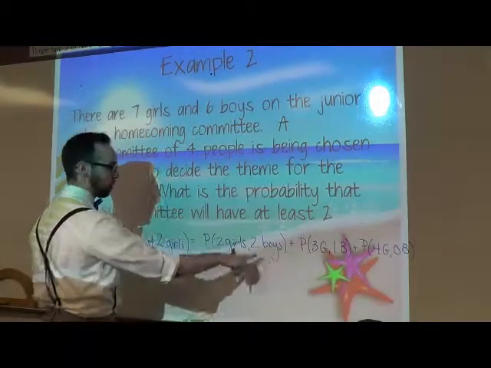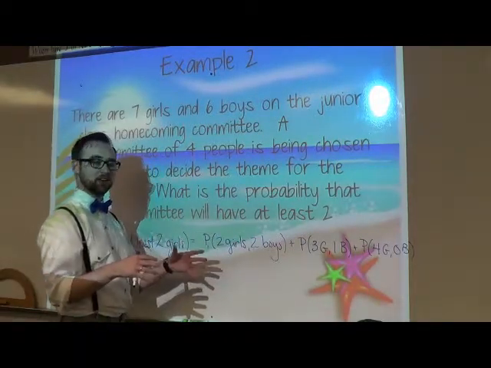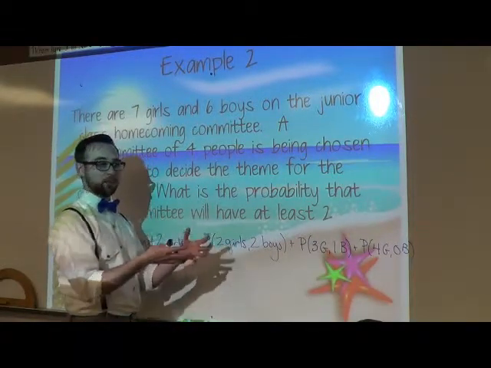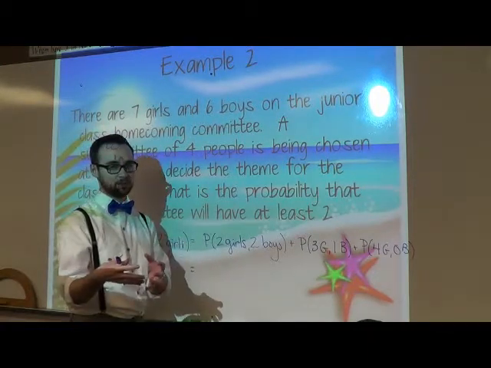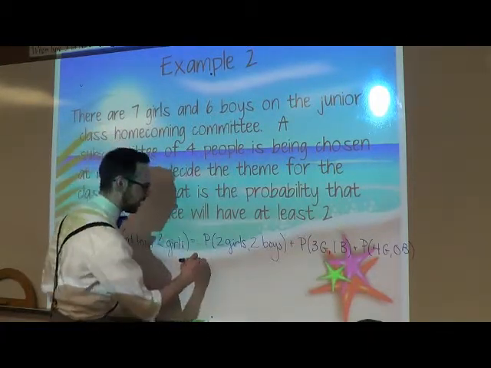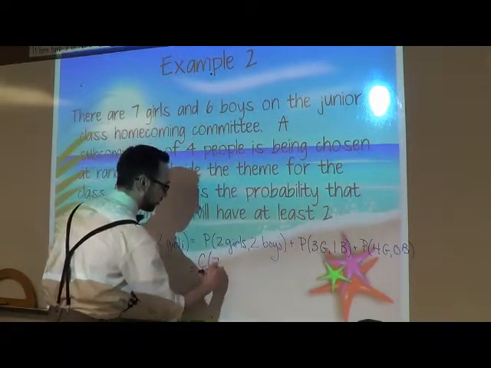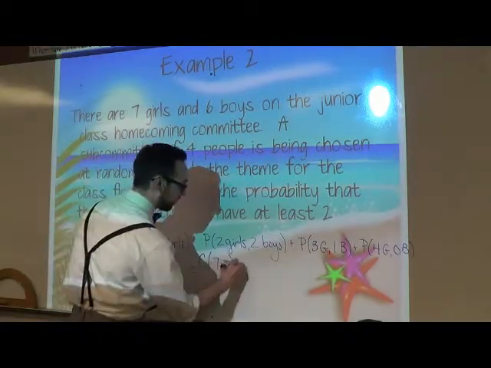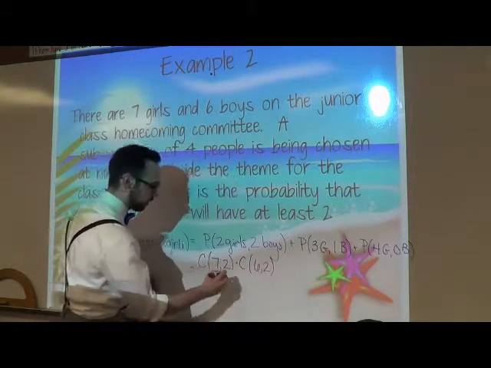So over here, the probability of this is very similar to the example in the homework that we had where you were doing the cards, where we had the combination of choosing a couple of basketball cards with choosing a couple of baseball cards. It's the same idea. I have to do a combination of 7 choose 2, because I want any 2 girls of the 7, and then we multiply that by the combination of 6 choose 2 for all the boys.